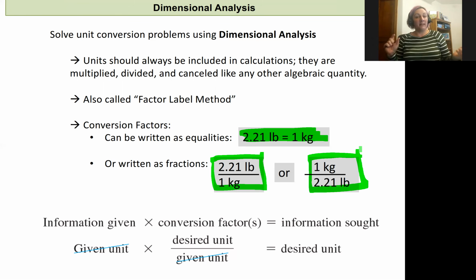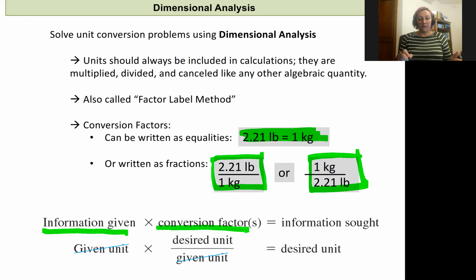And so I could flip it and use it in either fraction form that I need to within my conversion problem. And then when I'm outlining these, I'm always going to follow the general form of information that's given multiplied by a conversion factor to get me what I'm looking for.